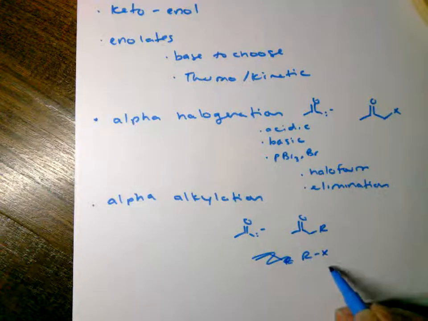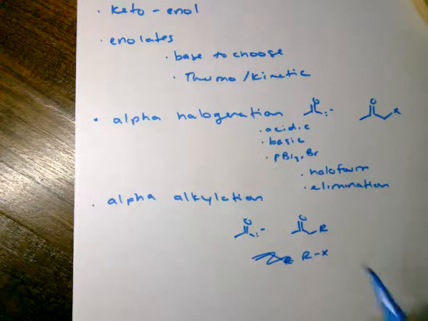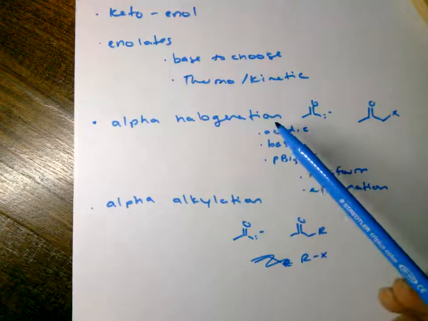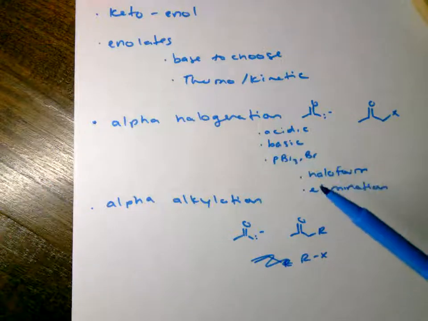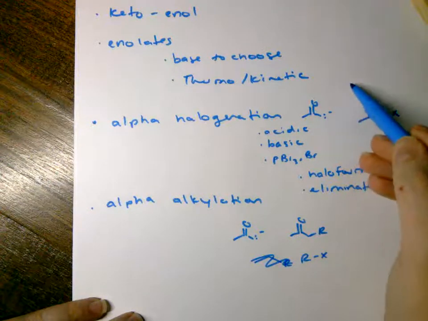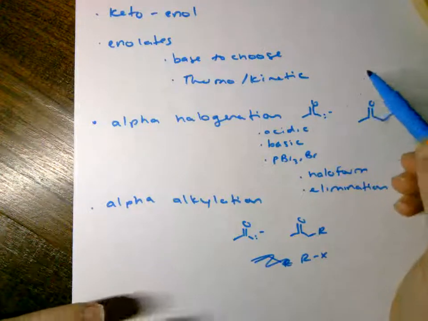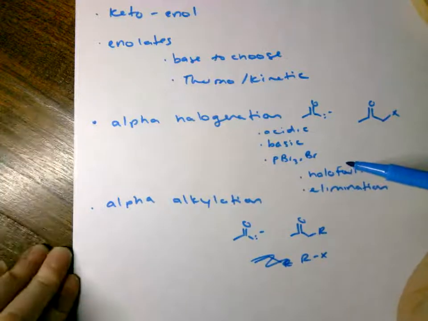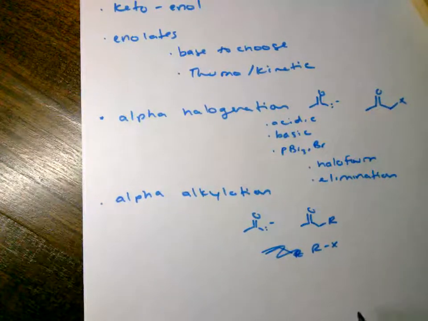And so this would attack, and the leaving group would leave, and you'd have this. So it's just an SN2 reaction. And actually alpha halogenation is also kind of an SN2 reaction, because you just have a bromine, and the nucleophile attacks and kicks out the other bromine. So you basically are just getting two SN2 reactions, but just kind of specific ways to make those happen.